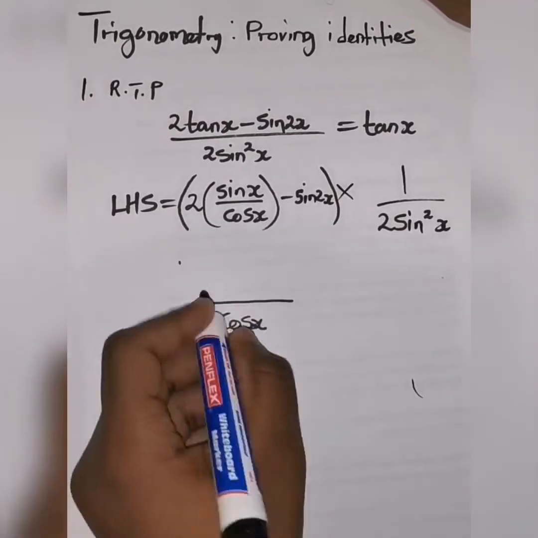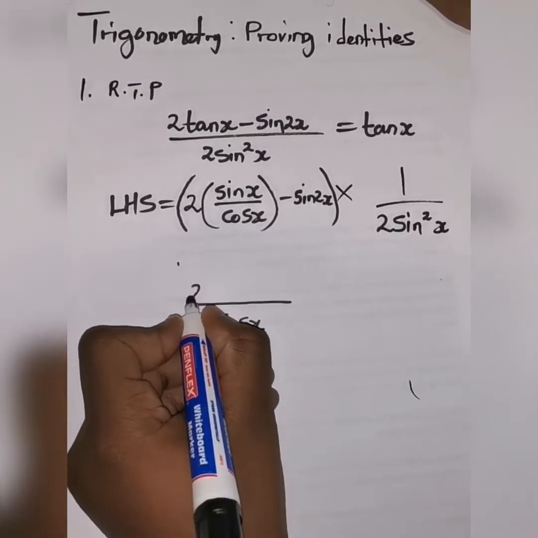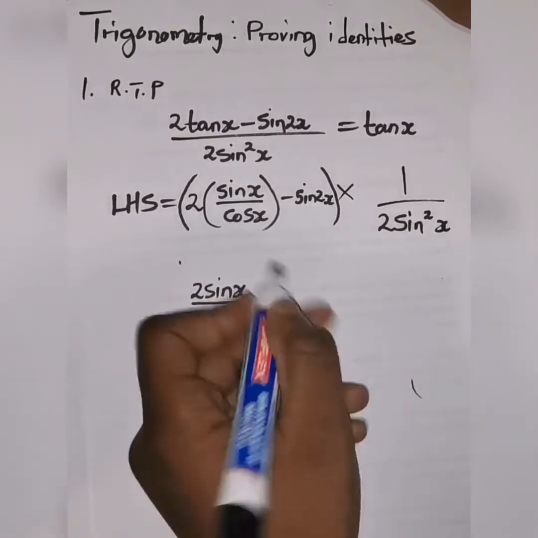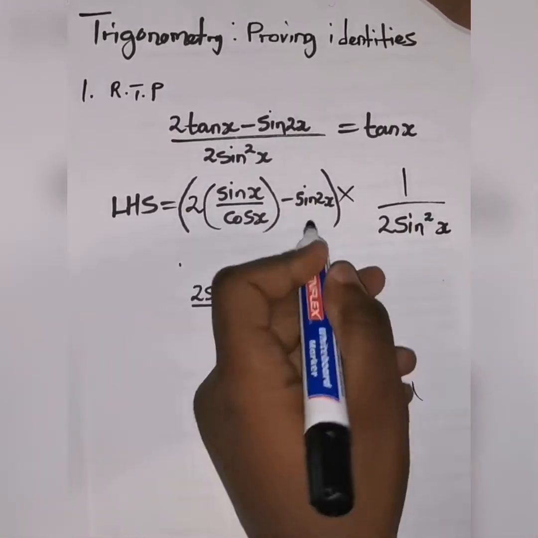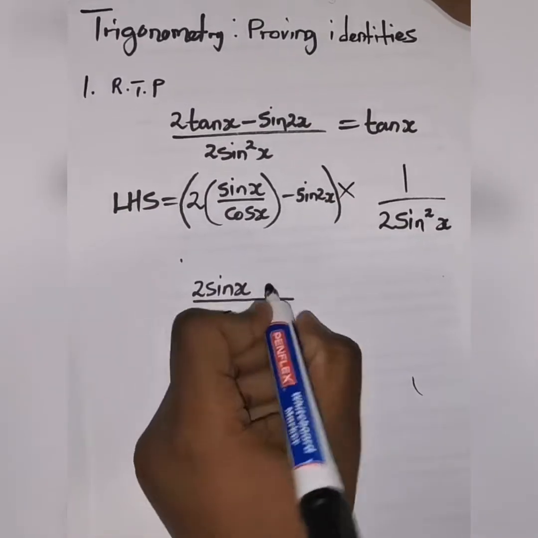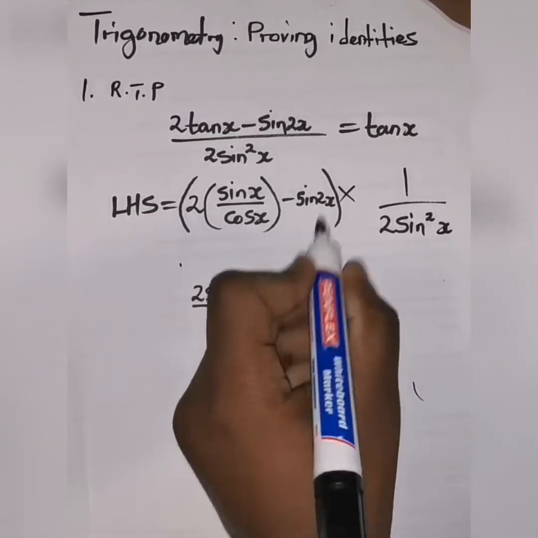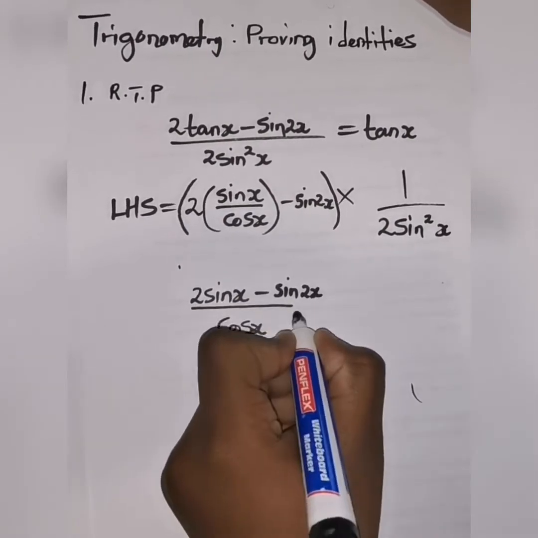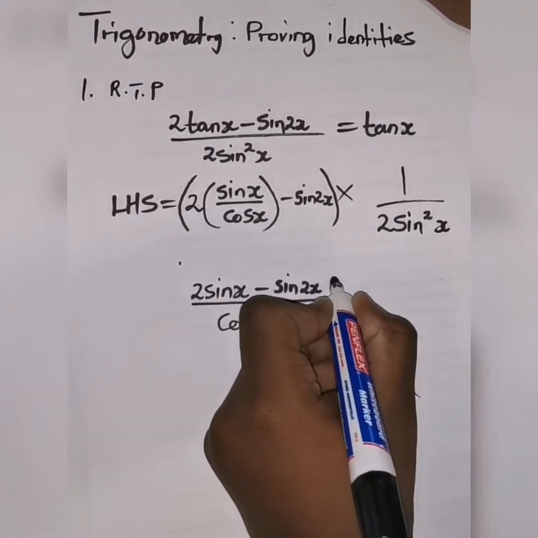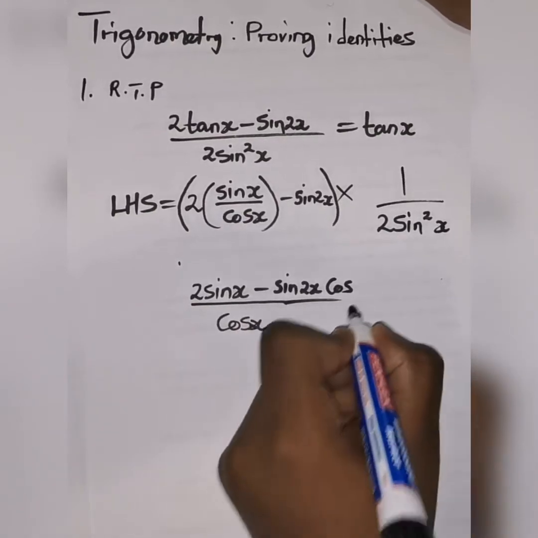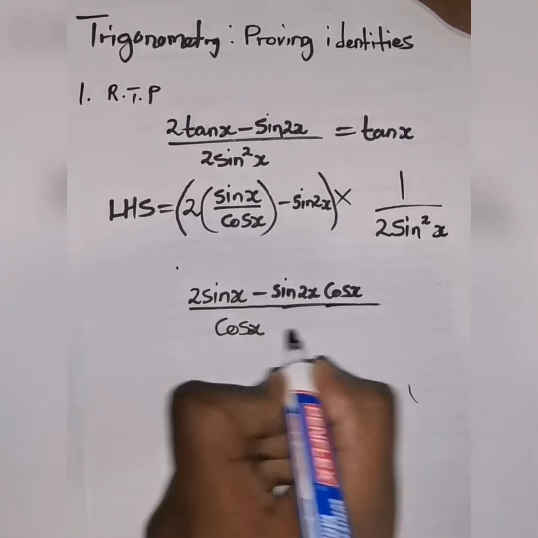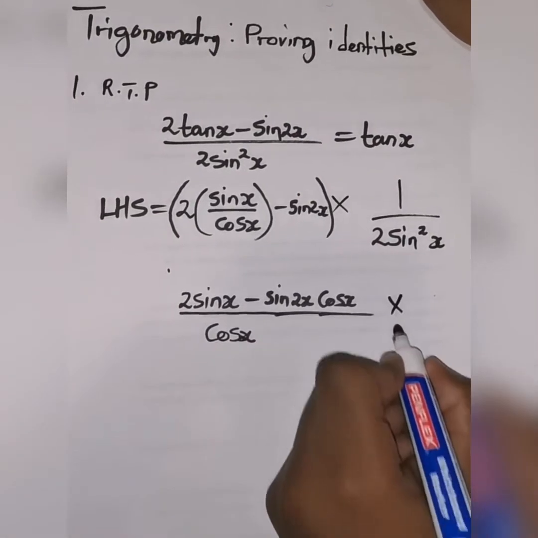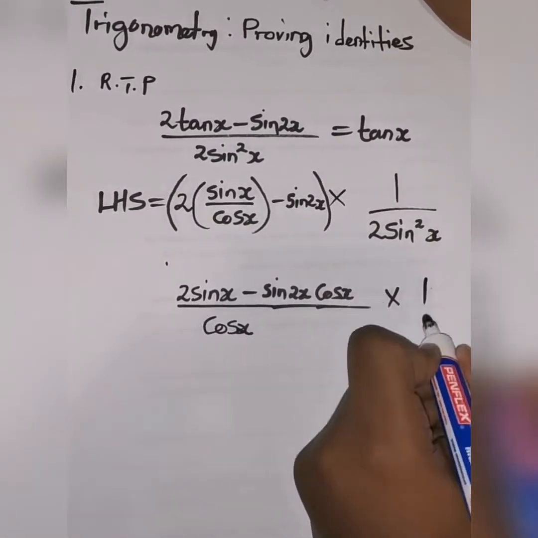Then we multiply it with the numerator, so it's 1 times 2 sine x. On this side we don't have a denominator, so it's simply sine 2x multiplied by cos x, and then multiplied by this.